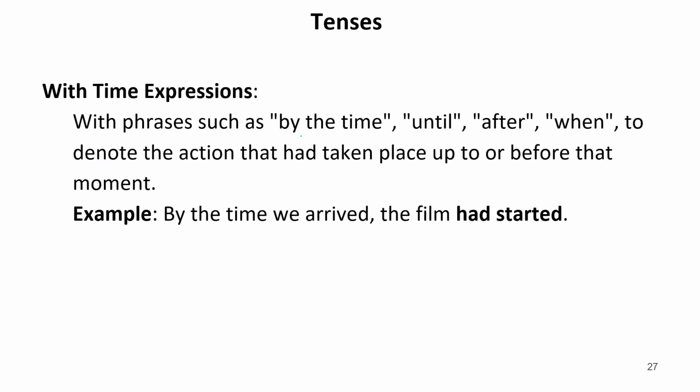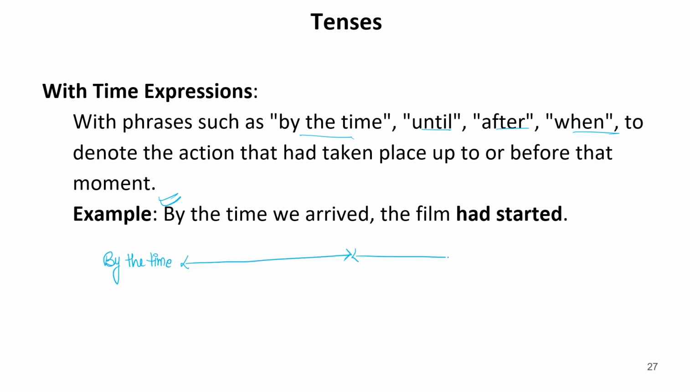With expressions such as by the time, until, after, when, before, and so on, we use past indefinite tense. Now, this one is very, very important. With the expression by the time, we make sentences in two clauses.